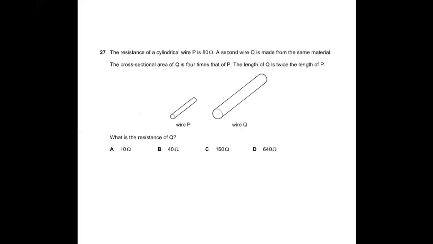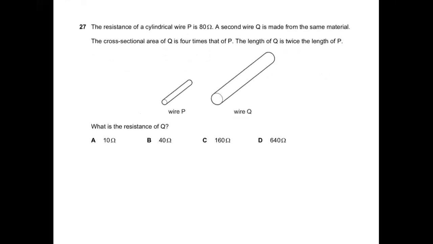The next question is about resistance. The resistance of a cylindrical wire P is 80 ohms. A second wire Q is made from the same material.